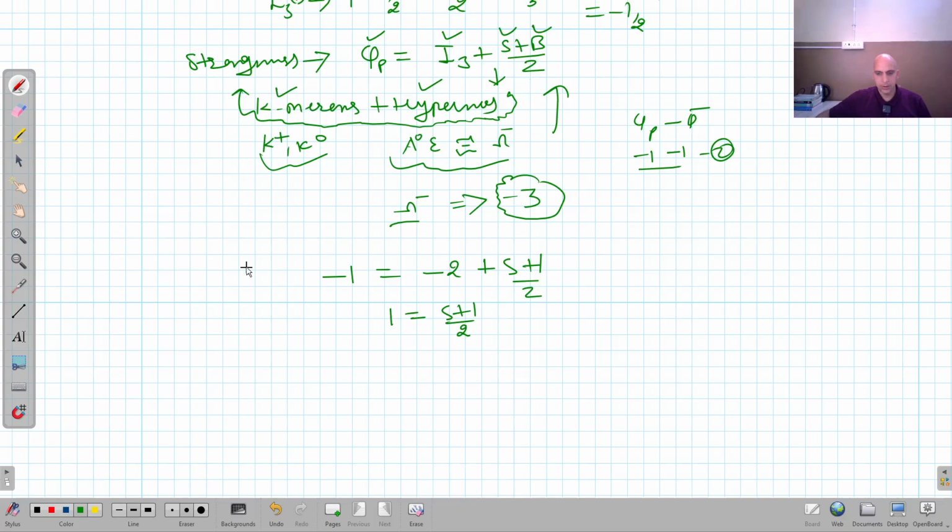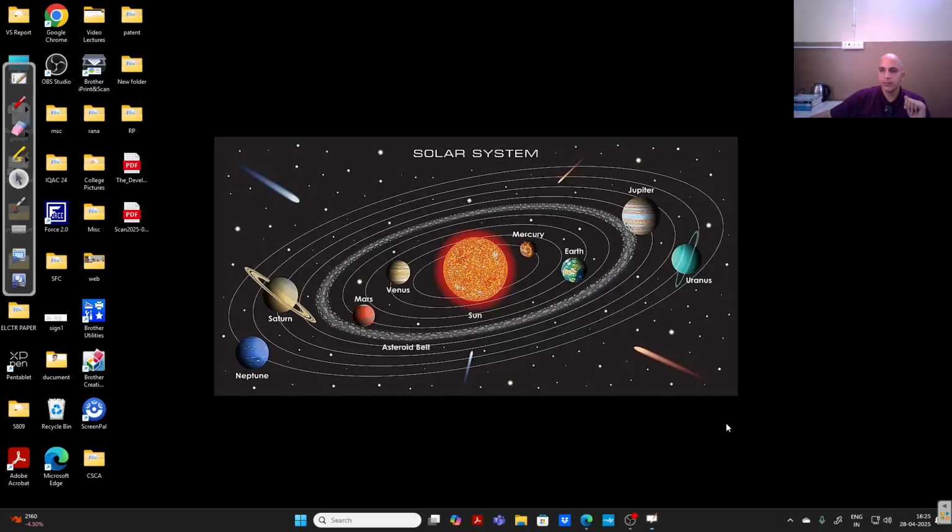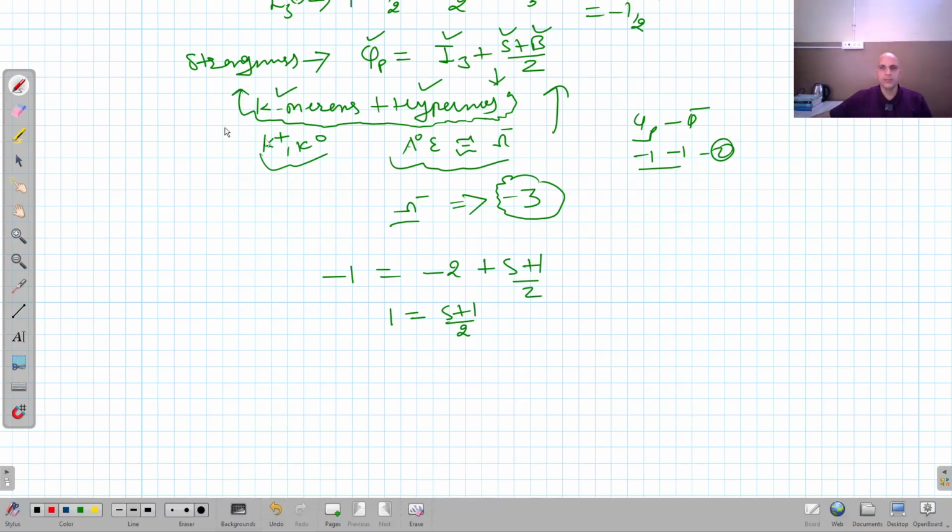So let me check it first. The isospin, Q particle minus Q average, right? Actually I have made a mistake here. We should not do it in a hurry; we have to take all things into consideration.